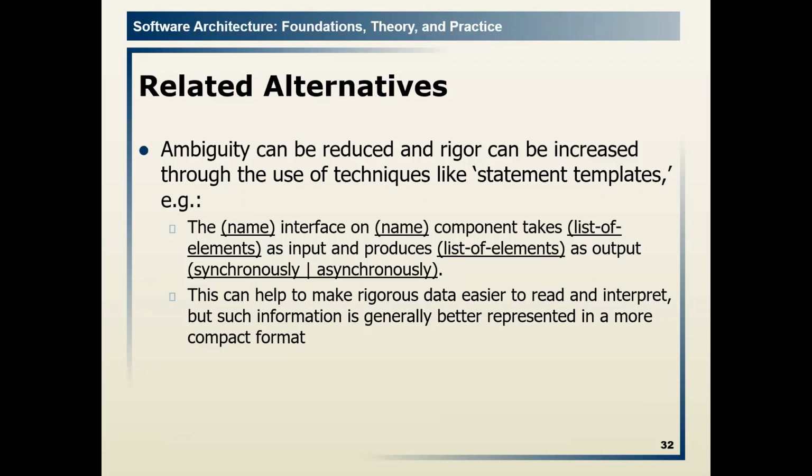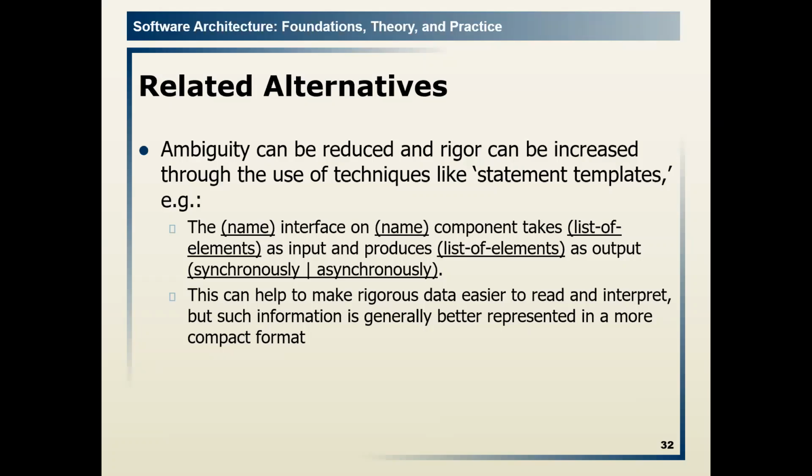So rather than allowing the architect to write anything, you just give a form. It's like filling a form. You identify the name, then the list of the elements, then whether it is synchronous or asynchronous output, then the input and the products. So identify the components that should be there in the document, then it just becomes filling the form.